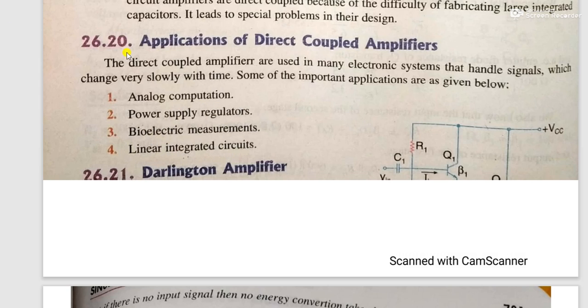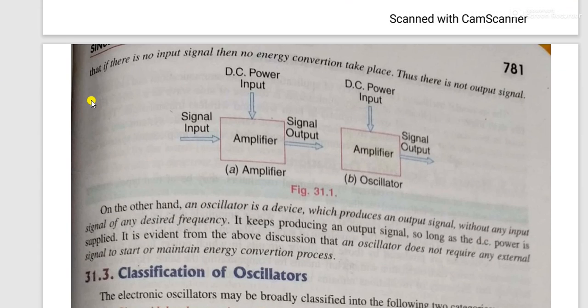Okay, that's it about the direct coupled amplifier. We continue our discussion about oscillators. An oscillator is an electronic device which generates oscillations. If we compare an amplifier and an oscillator, an amplifier gives a signal output only if there is a signal input.